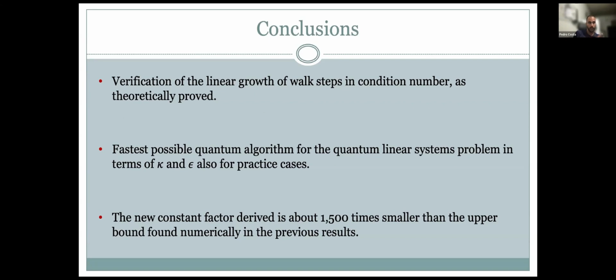For instance, you have the block encoding of the matrix A inside, and you have to think about the best way to do this block encoding of A. I think that would be one problematic part. There, for instance, I use the singular value decomposition method, which is really straightforward.